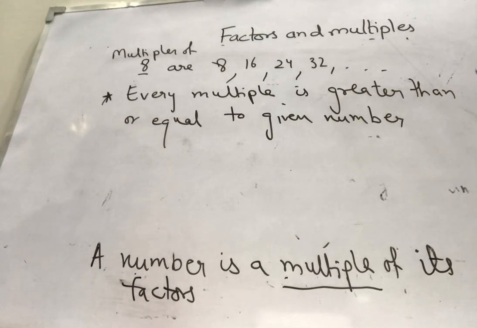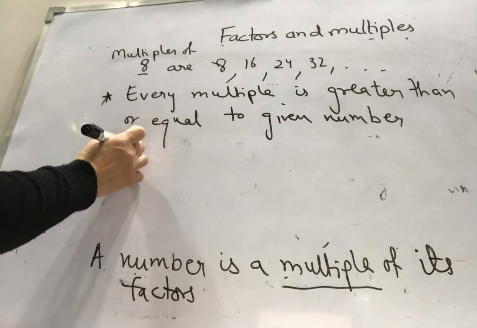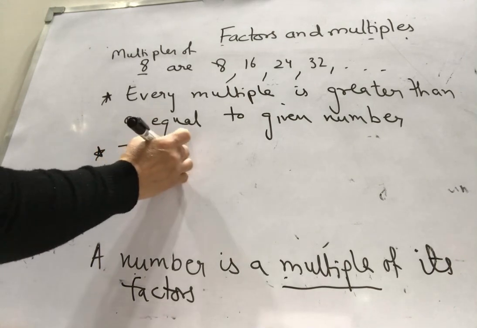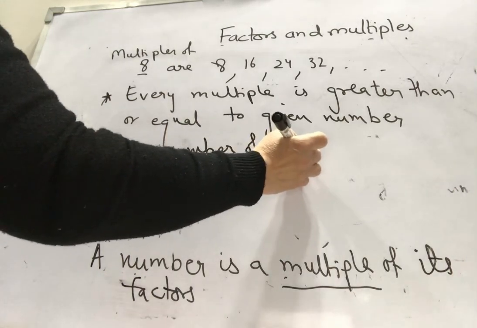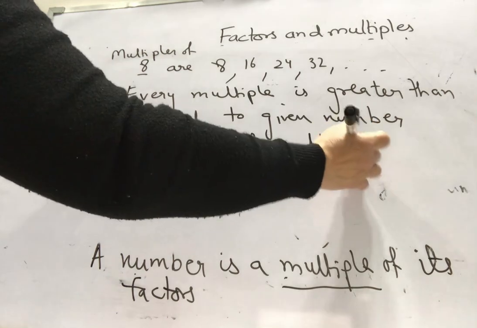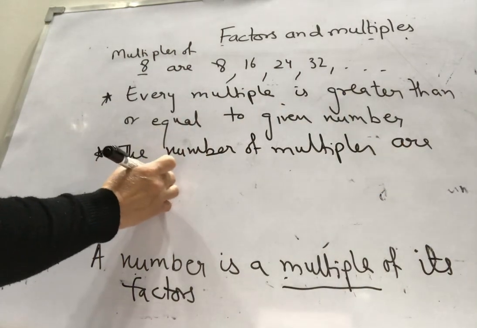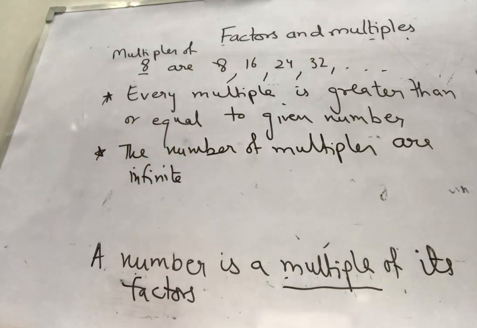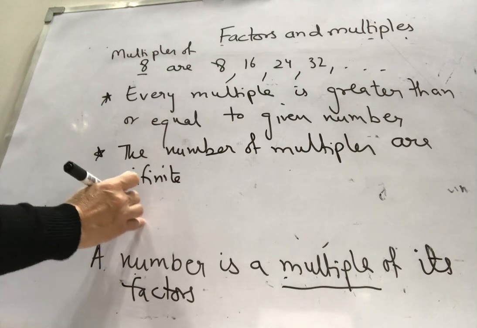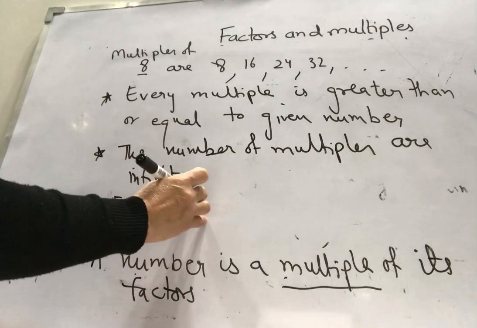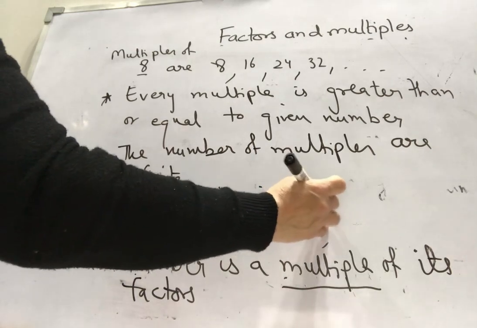So we can write, the number of multiples are infinite, and every number is a multiple of itself.